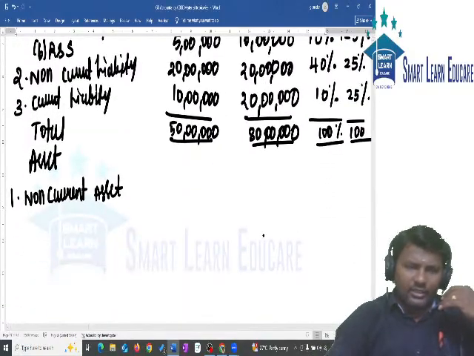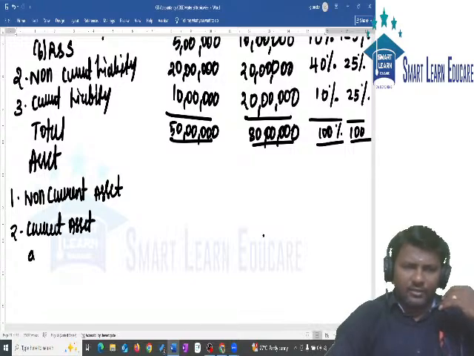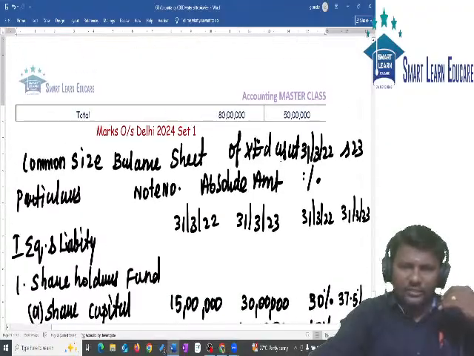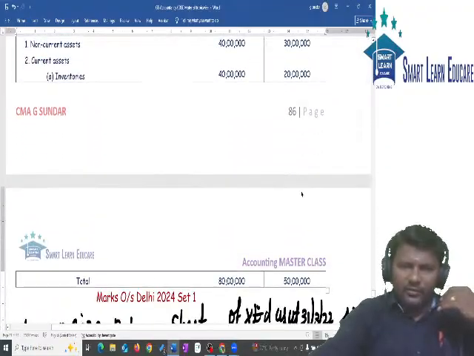Second one it is current asset. In current asset, not all the assets are given, only one current asset is given, that is inventory. So we are just writing the question: 30, 20.